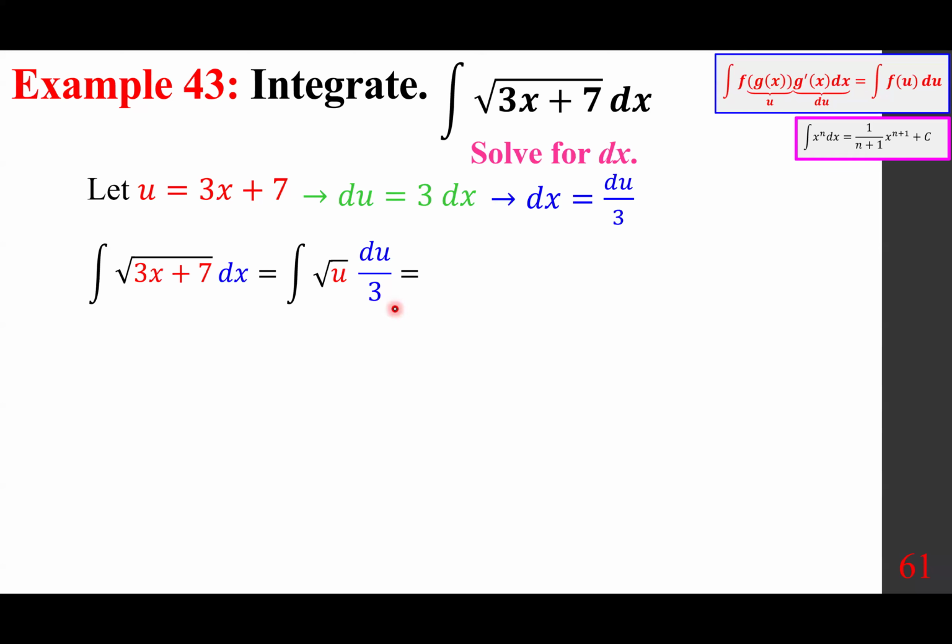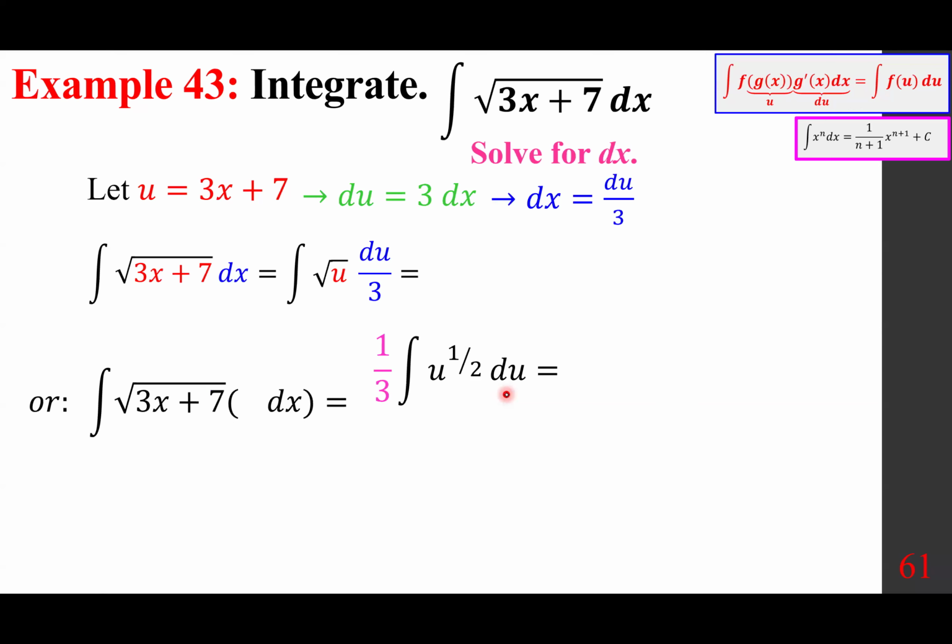The reason I chose this one, because this is simple enough, really doesn't make much of a difference. If it's not simple, the method that I showed you is a lot faster. So we put 1/3 u to the power 1/2 du, and we finish the job.